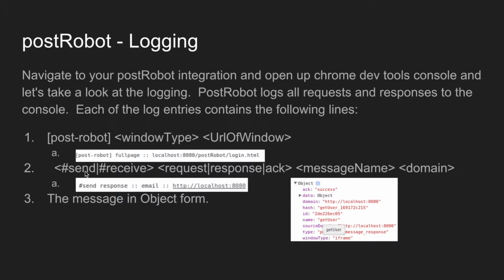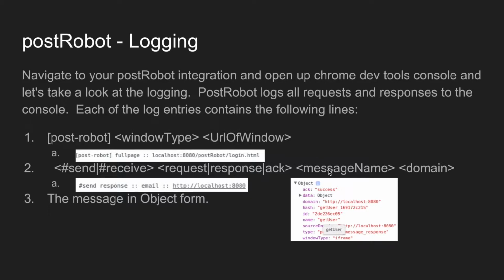And then on the second line, you'll see a send or receive as the first parameter. The second one is a request, a response, or an ACK. Then you'll see the message name, then you'll see the domain that was given. So this means that this was a send, so postRobot.send, and it was a response to the send.